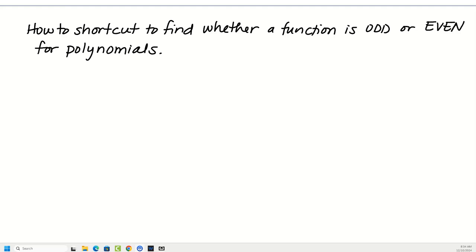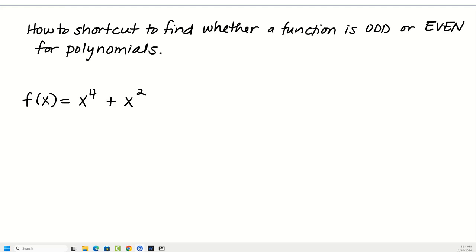Let me first give you a function like this. If I give you f of x is equal to x to the fourth plus x to the second, you can actually look at this and say, oh, it's an even function. But how do we do that, right?